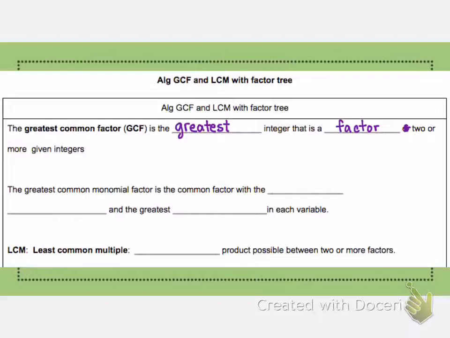And then the greatest monomial factor, the monomial piece, is just that it could contain variables. And so it's a common factor with the greatest coefficient.